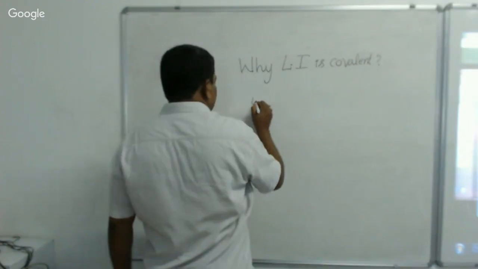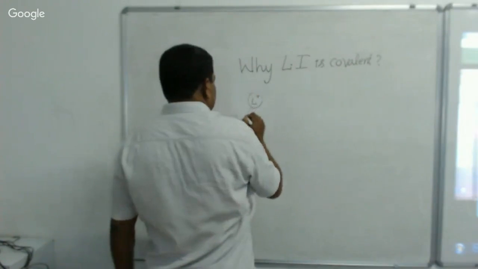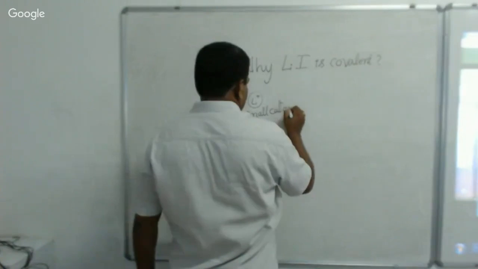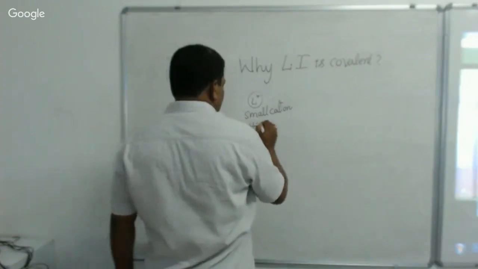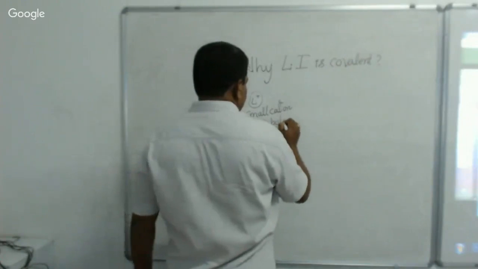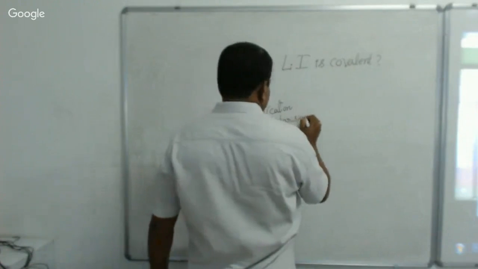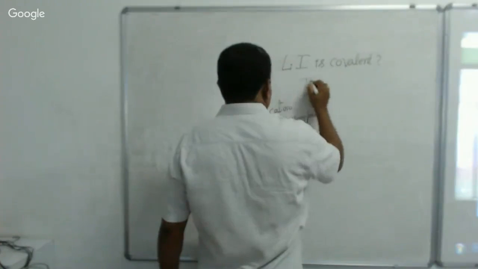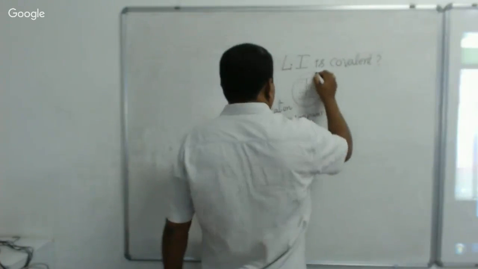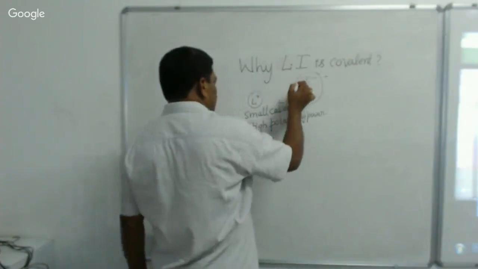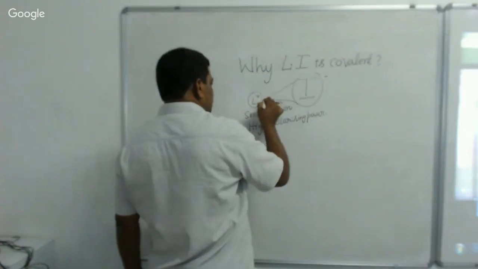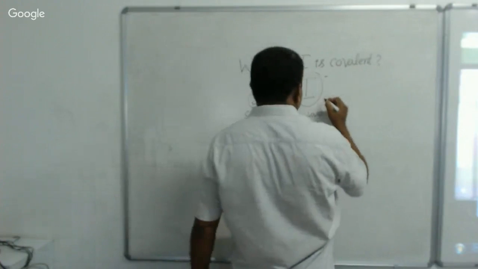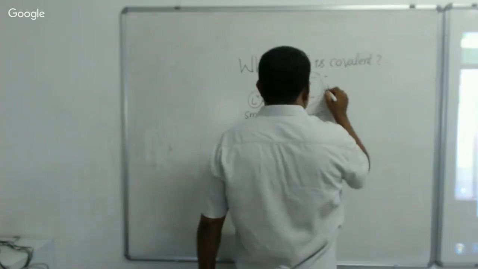The answer is that Li plus is a very small cation, meaning high polarizing power. And I minus is a very large anion, which strongly pulls the negative charge. So it has high polarization.